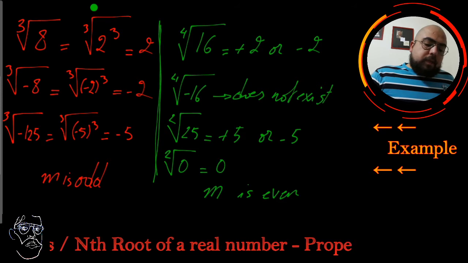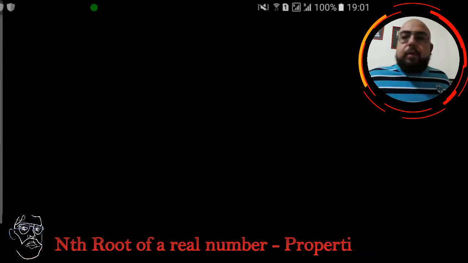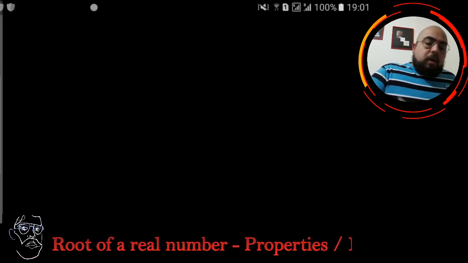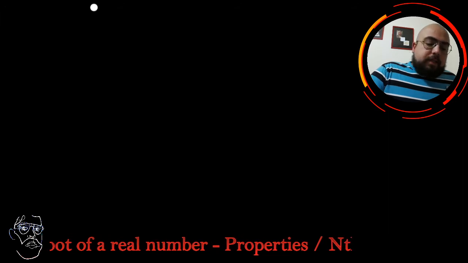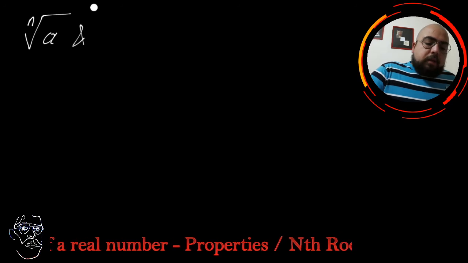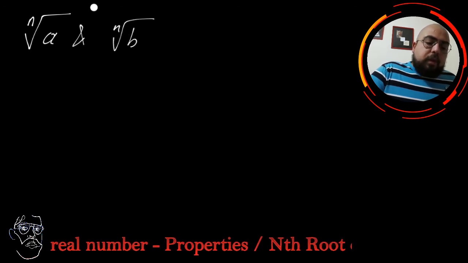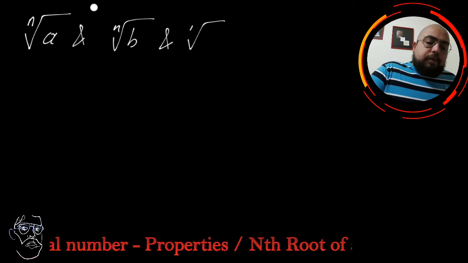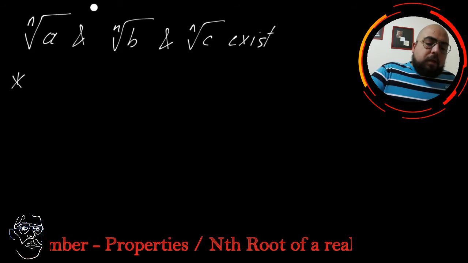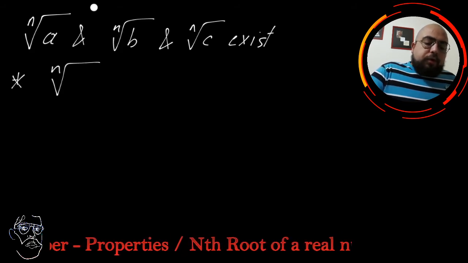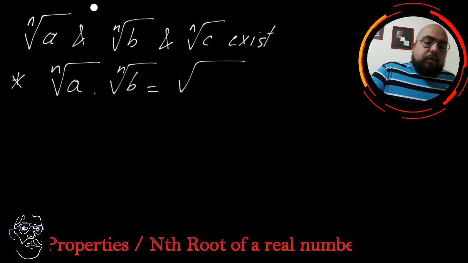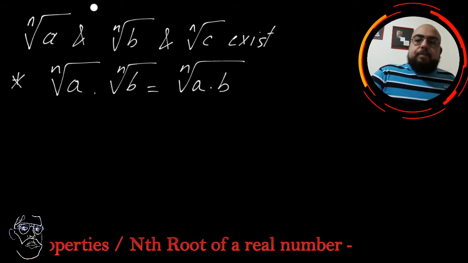So let's go and talk about the properties related to the nth root of a certain real number. When we have, let's say, the nth root of a, the nth root of b, even the nth root of c, whenever they exist, the first property is the nth root of a times the nth root of b is equal to the nth root of a times b.